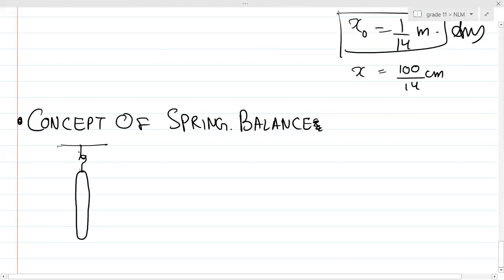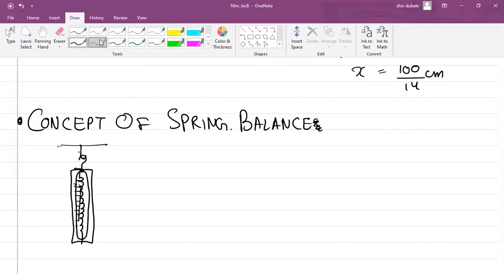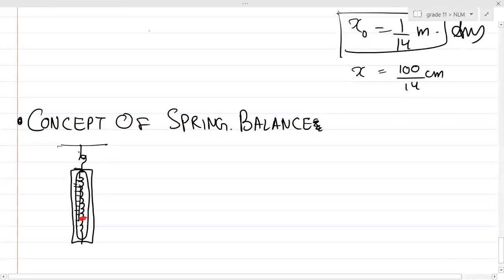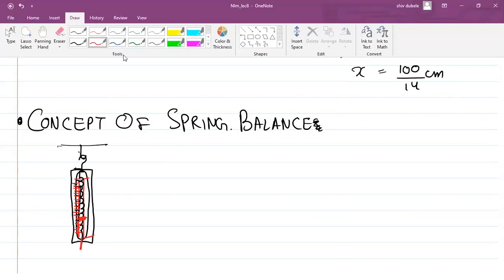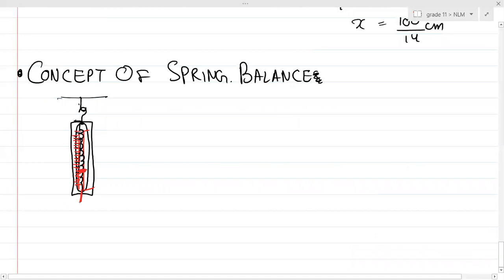Yes, sir. There is basically a spring fitted inside, and there are some graduations on the top, and there is a movable thing which goes up or down depending upon what is the load. So there is a graduation over here. This red thing which I'm drawing is basically above. Is this clear, guys? So basically this thing moves. Okay, so what is there in this spring? There is a hook at the end of this spring balance basically.